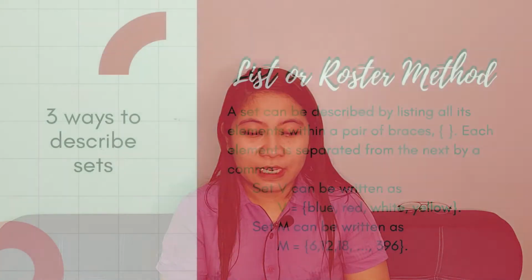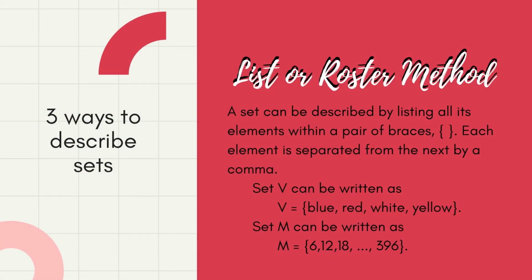The second method is what we call the list or the roster method. The list or roster method describes a set by listing all its elements within a pair of braces. Each element is separated from the next by a comma. For example, set V can be written as V contains blue, red, white, and yellow.